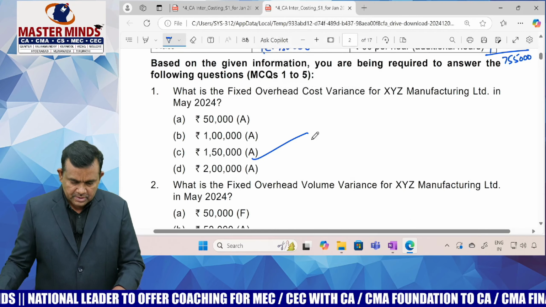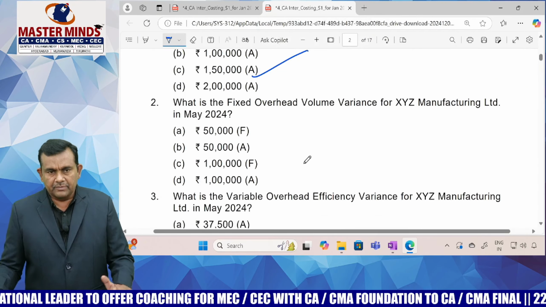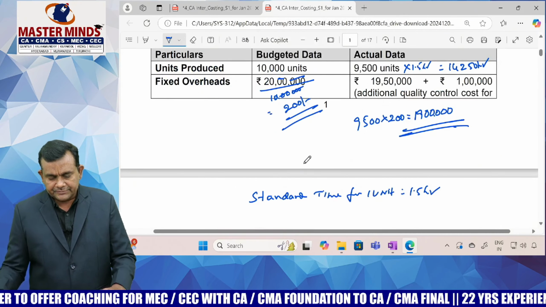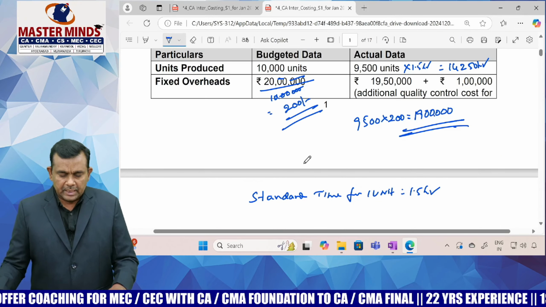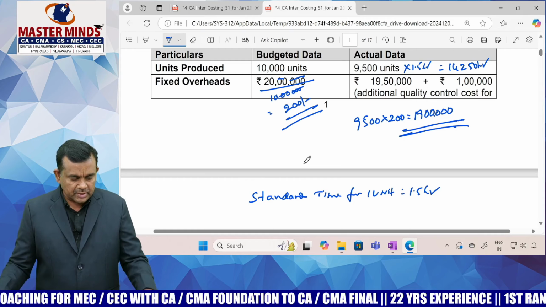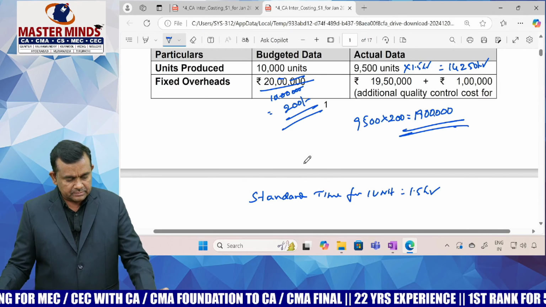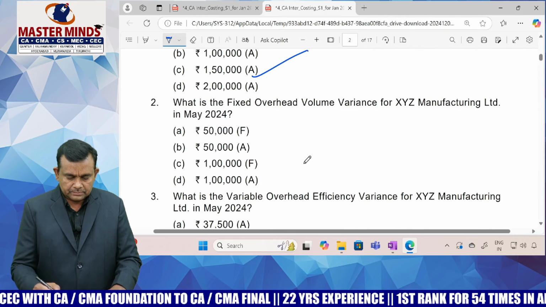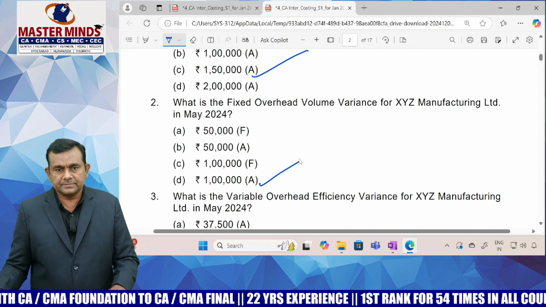Next, the second question, sir. Fixed overhead volume variance. Here clearly mentioned unutilized volume 500 units, into rate per unit 200, sir. 500 into 200, that is 1 lakh adverse.